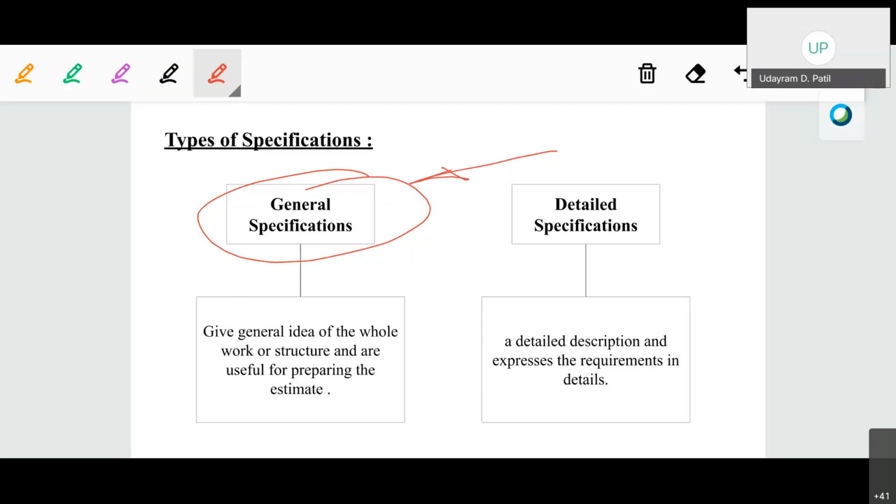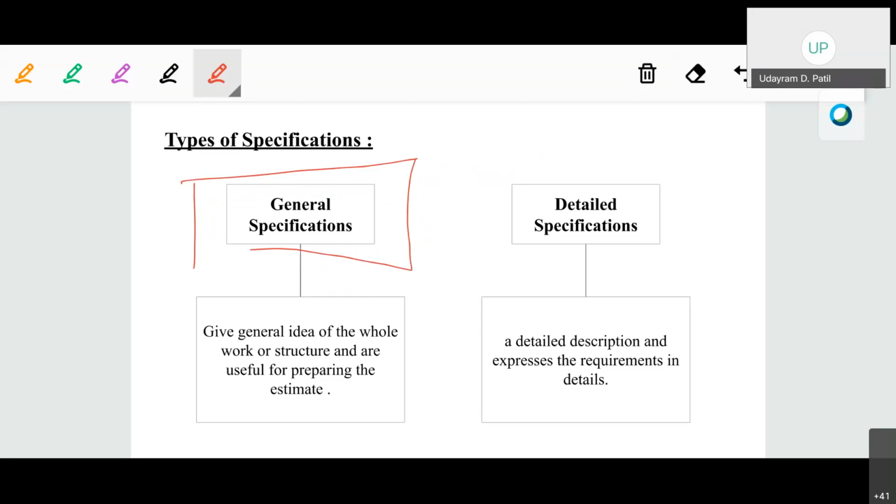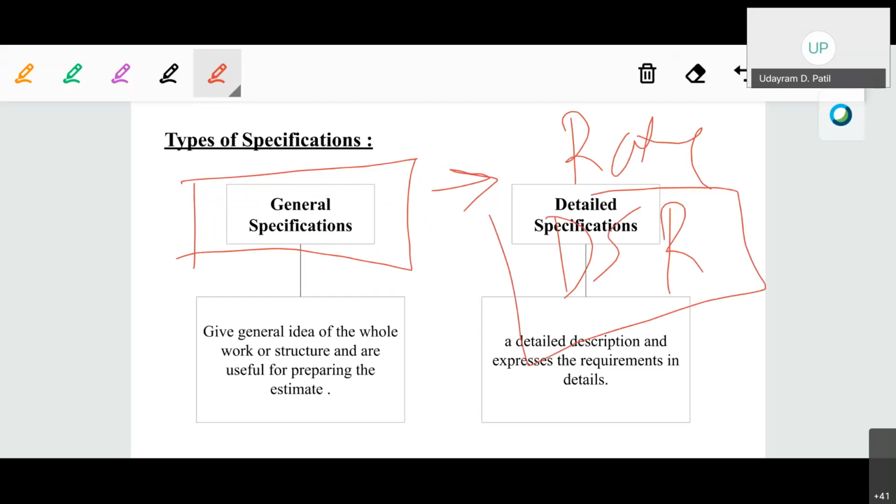That general specification is required to complete our estimate. We only need the information so that from the general specification we can find out the rate from the DSR. In the DSR, you will have seen the description of item; that description of item is the general specification of that particular item of the work. Whereas in case of the detail specification, all the details should be given.